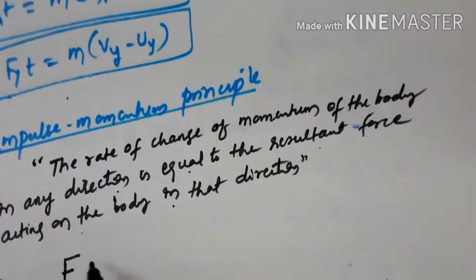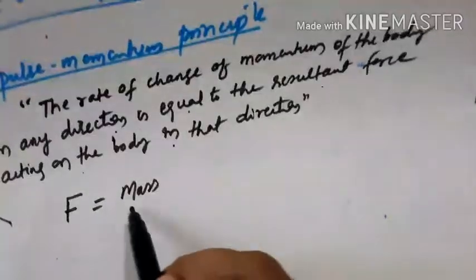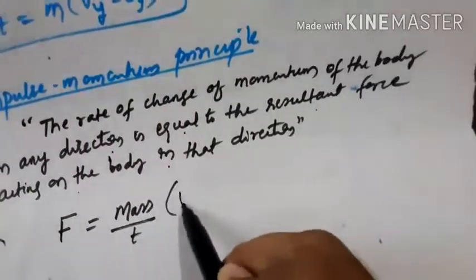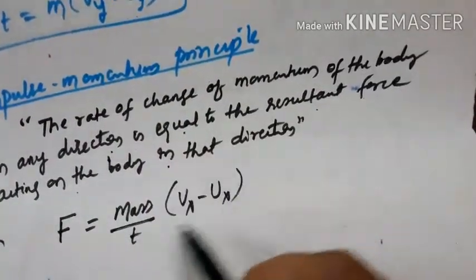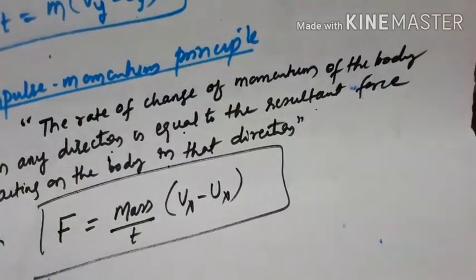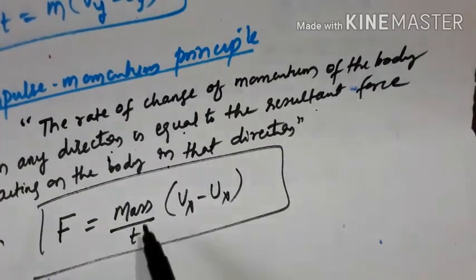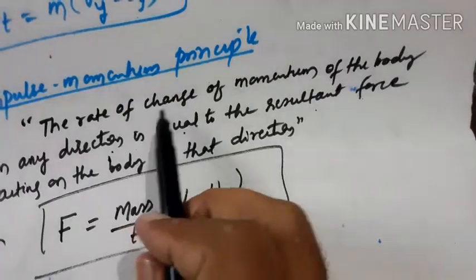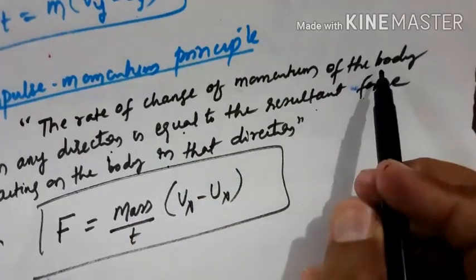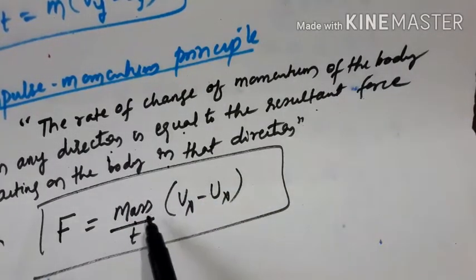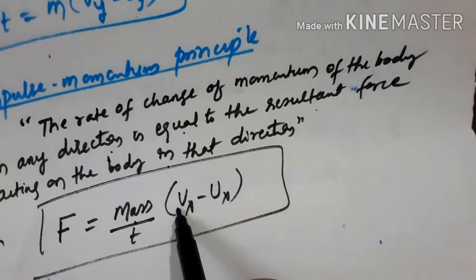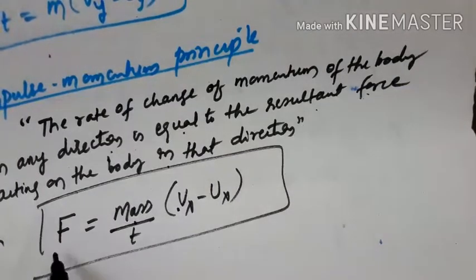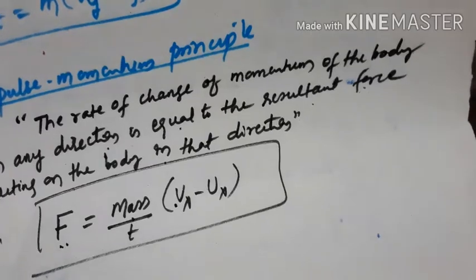So if you take F equal to mass upon time, Vx minus Ux, that is the rate of change of momentum of the body. The rate of change of momentum of the body is equal to the resultant force acting on the body in that direction.